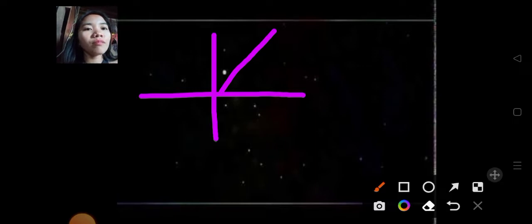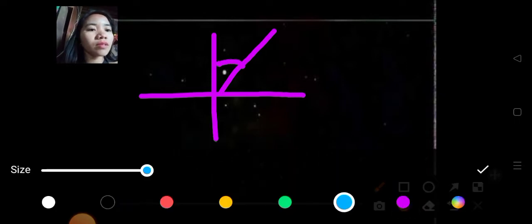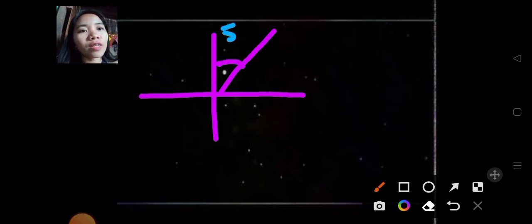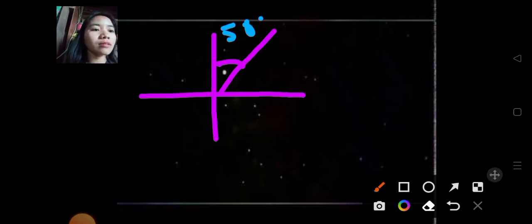This will be the azimuth value, 50 degrees, from north to east. Here is our 50 degrees. That is the figure of the 50 degrees bearing, north to east.